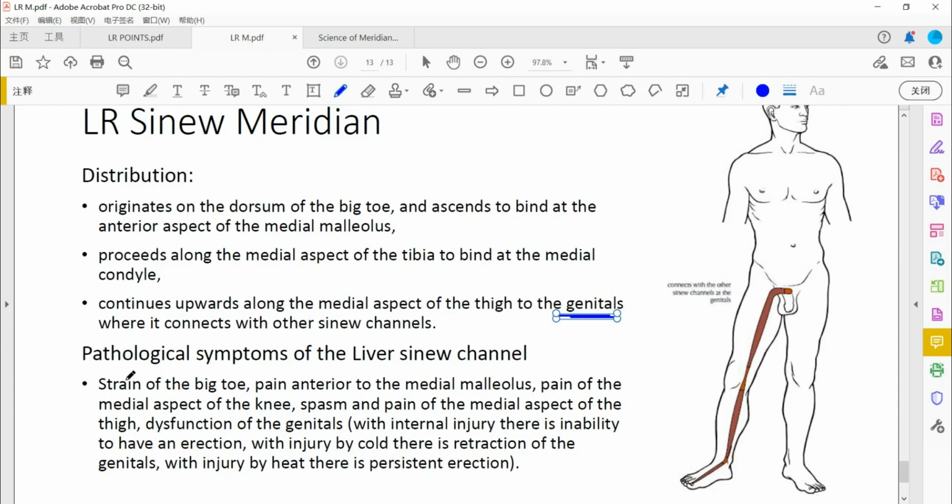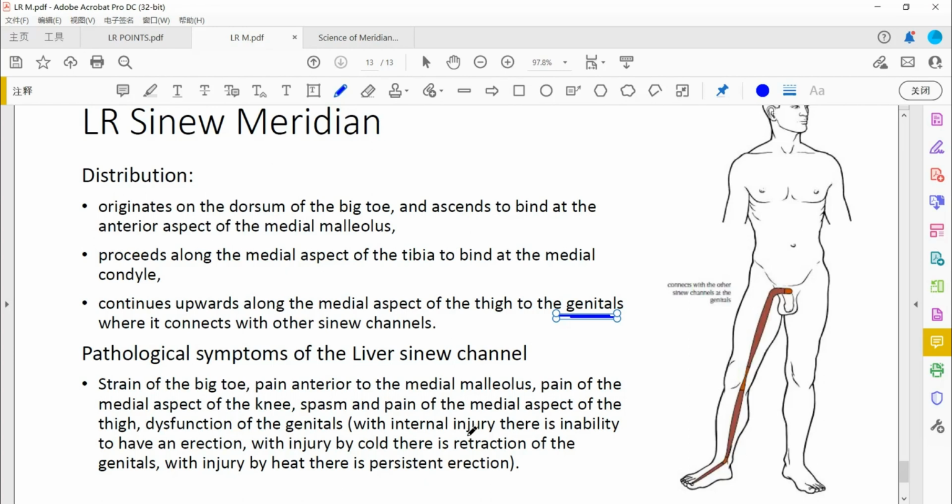Pathological symptoms of the liver sinew channel: strain of the big toe, pain anterior to the medial malleolus, pain of the medial aspect of the knee, spasm and pain of the medial aspect of the thigh, dysfunction of the genitals.